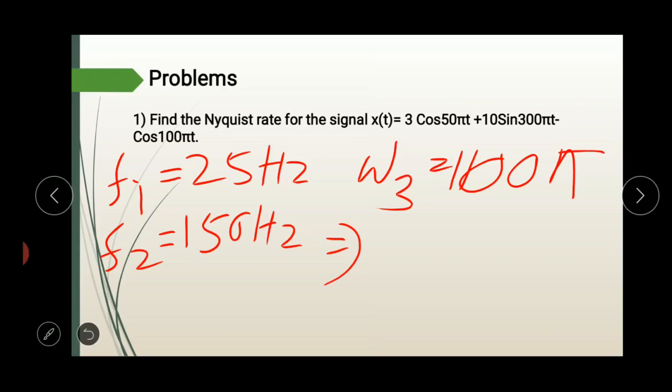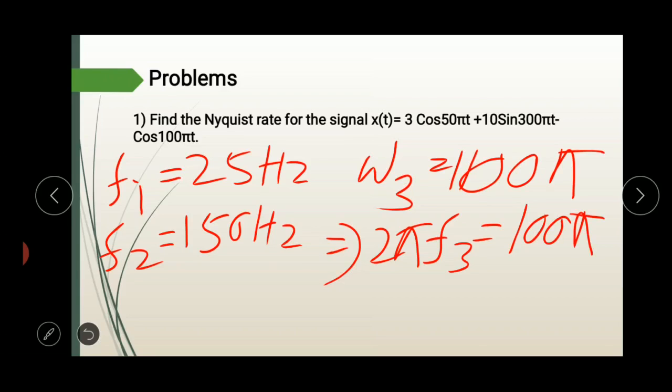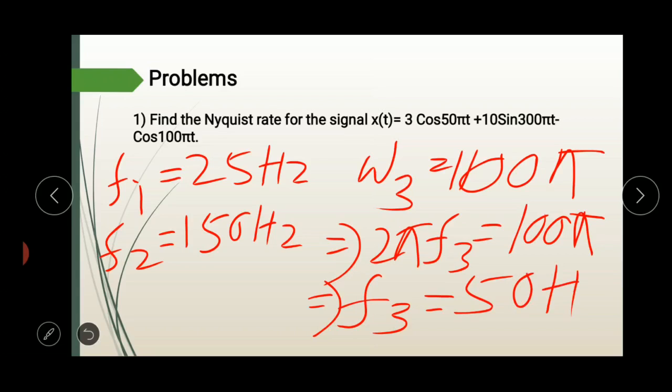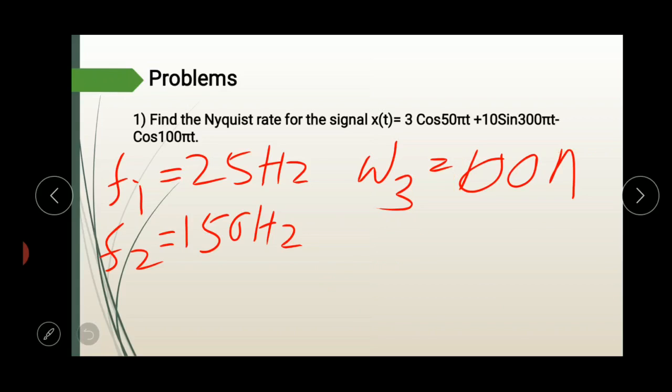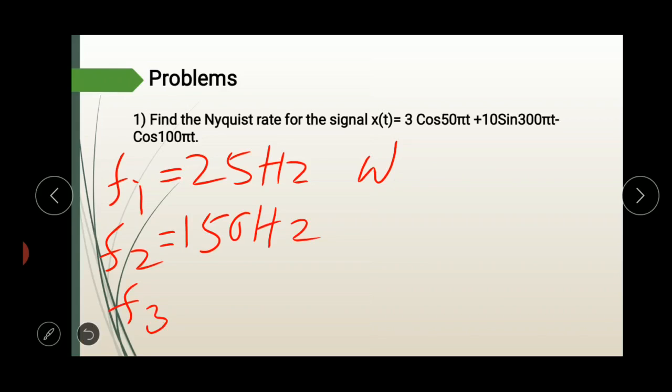So 2 pi f3 equal to 100 pi, that is f3 equal to 50 Hertz. Pi cancels out, and 100 by 2 is 50. So f3 equal to 50 Hertz.